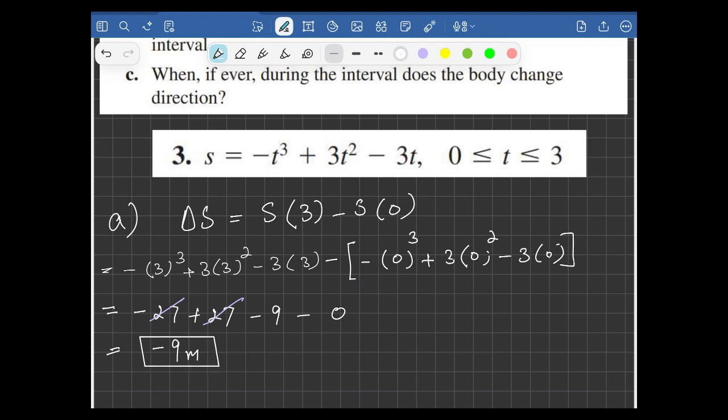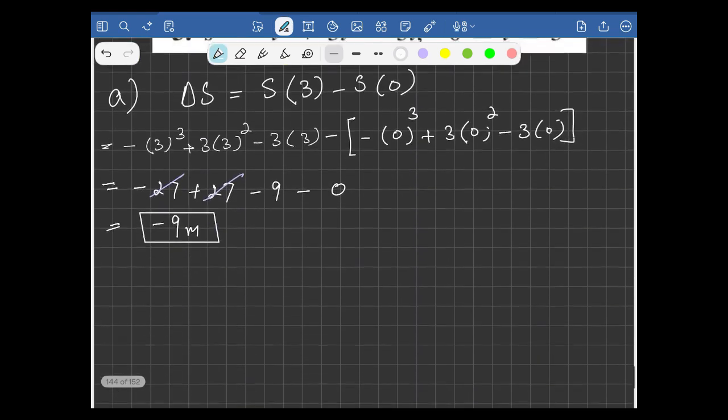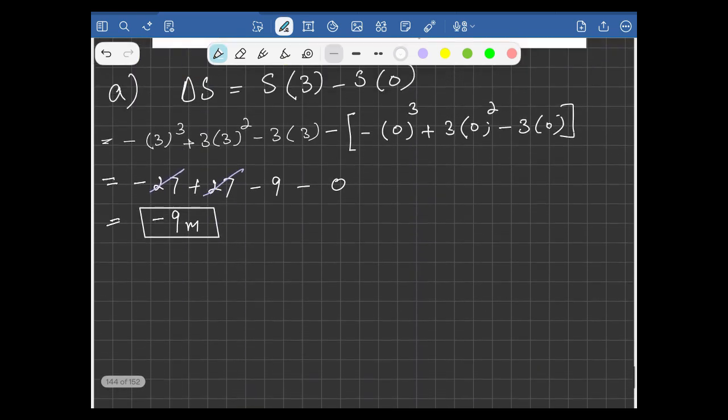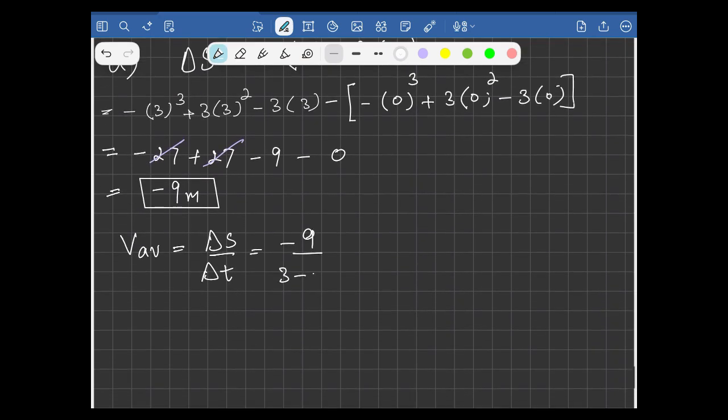Now, what is the average velocity? Average velocity equals change in displacement divided by change in the time interval. Change in the displacement is minus 9, change in the time interval is 3 minus 0, which becomes minus 9 over 3 equals minus 3 meter per second. That's the average velocity.